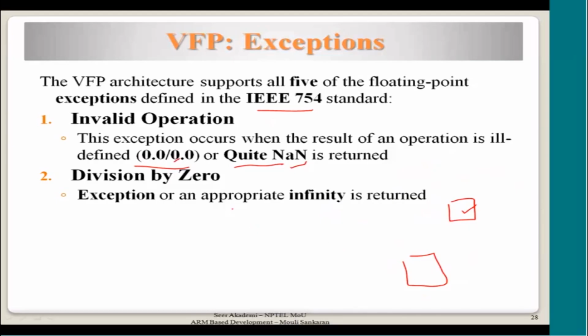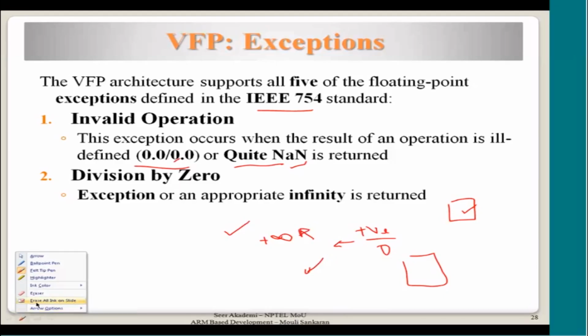Suppose you have a positive value and you divide it by 0. You can generate a positive infinity representation and go ahead with the execution, or you generate an exception. So there are two possibilities. These are the things defined by IEEE 754.